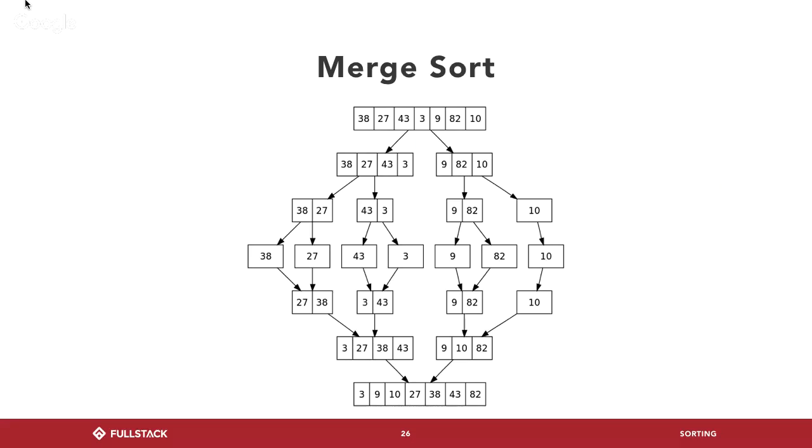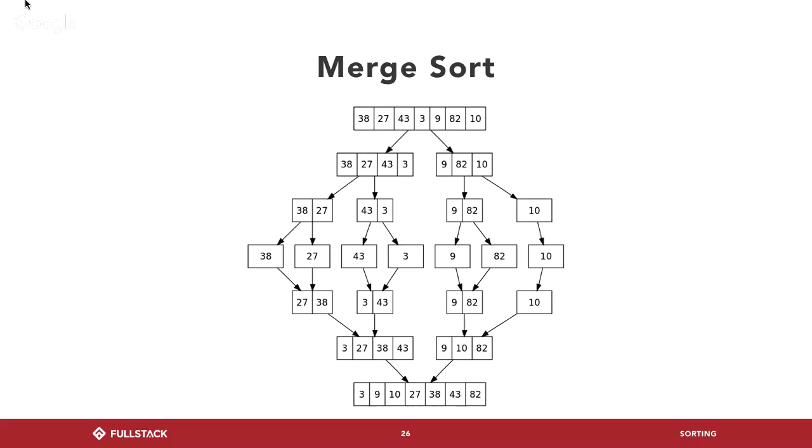And really, once you get to this stage, imagine that you're basically looking at each of these as being a collection of one. At that point, each of these collections of one is sorted by definition. If you just have one item in the collection, it's sorted because it's the only item in the collection.